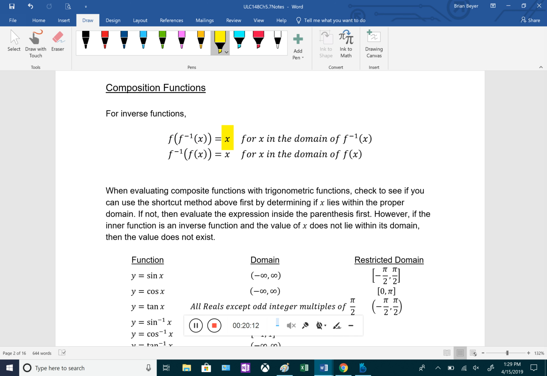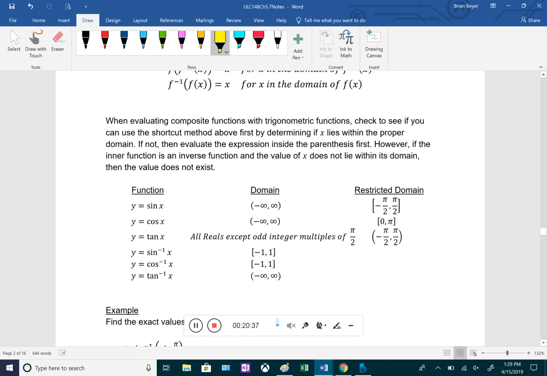The key to this is it has to be in the domain of, in this case, f inverse. For the second one, if we do f inverse of f of x, that will cancel off to whatever the x is, only when x is in the domain of f of x. That's probably pretty confusing for now, but I'll bring that up again once we start these problems.